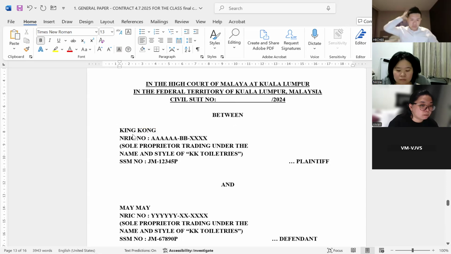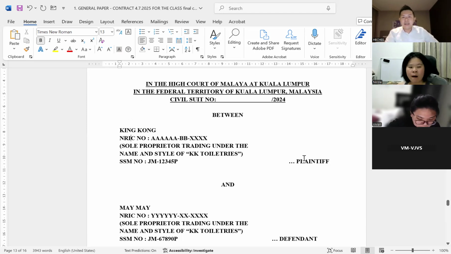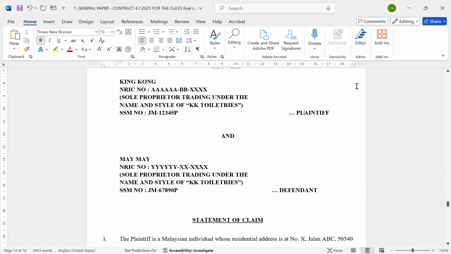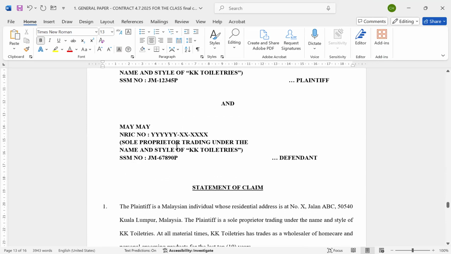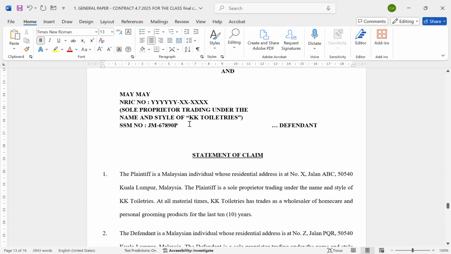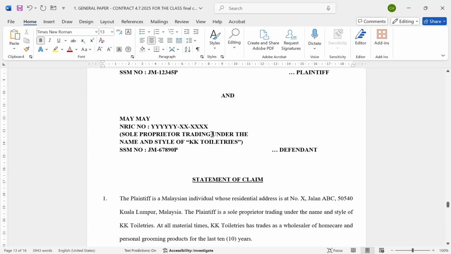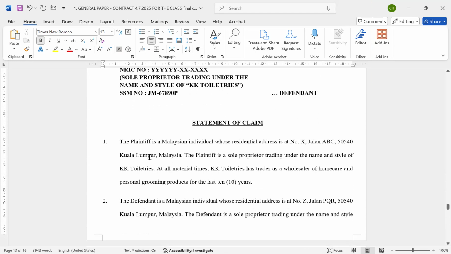You put the real name of King Kong, NRIC, then subsequently you say sole proprietor trading under the name and style of KK Toiletries, SSM number, plaintiff, like this. This is to identify who the plaintiff and the defendant are. Be clear with that. So Statement of Claim, underlined, all in capital letters.